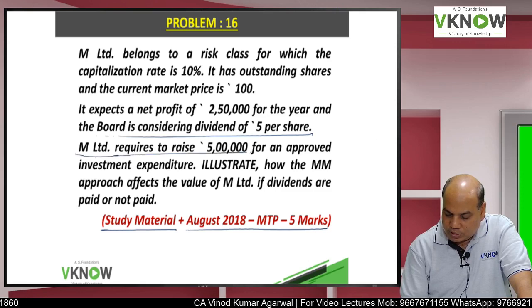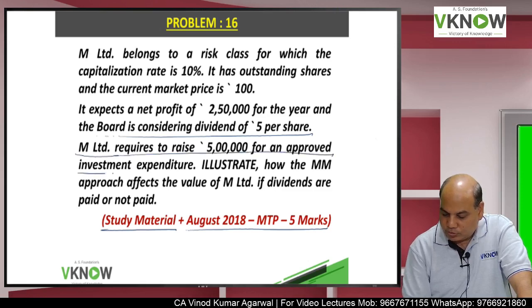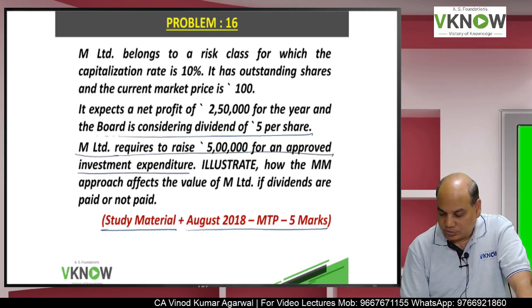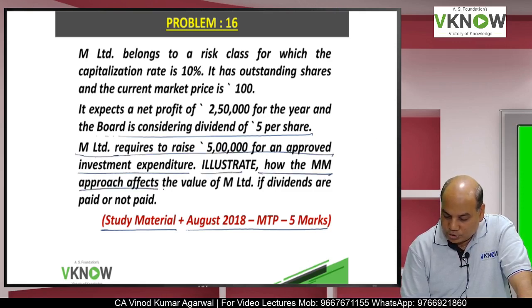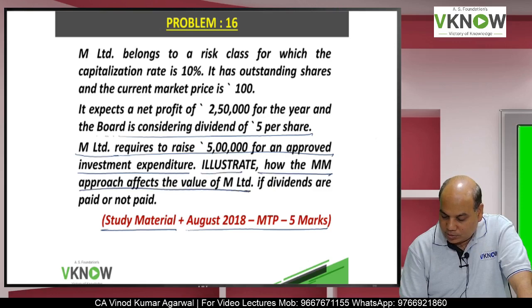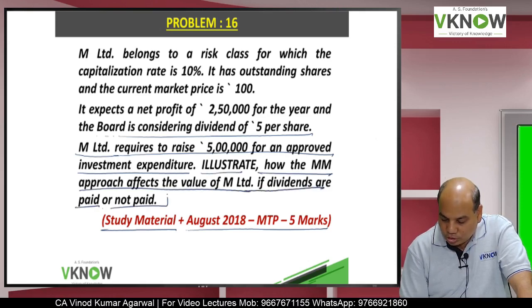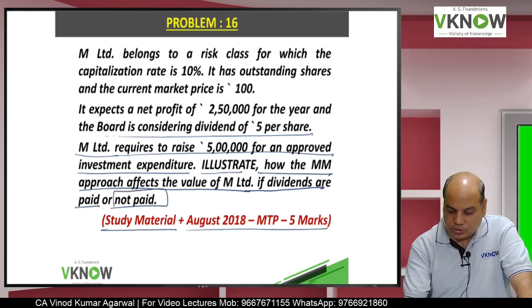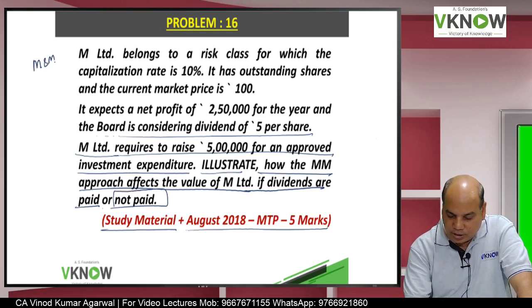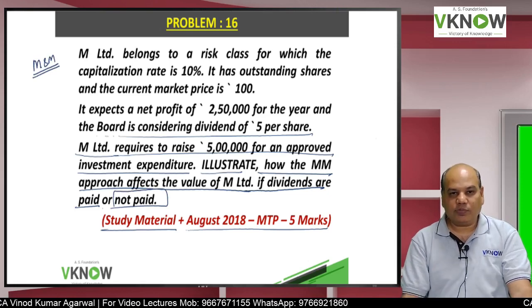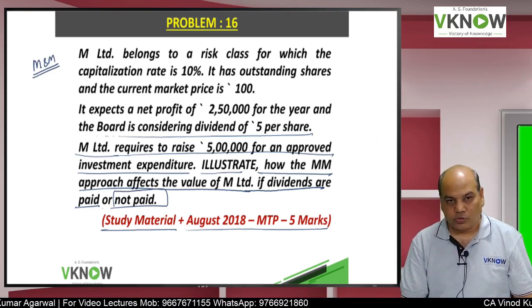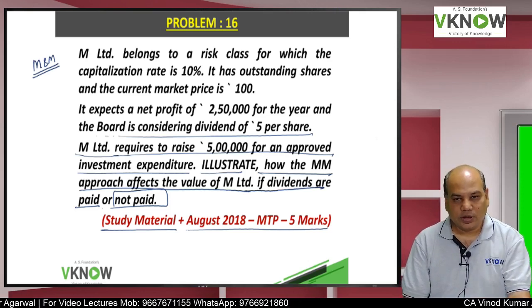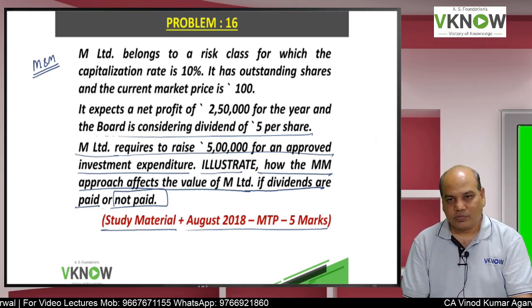M Limited requires to raise 5 lakh for an approved investment expenditure. Illustrate how M approach affects the value of M Limited if dividends are paid or not paid. So this is a revision of the M approach when dividend is paid and when dividends are not paid. So we'll see the application of the theory in this example.